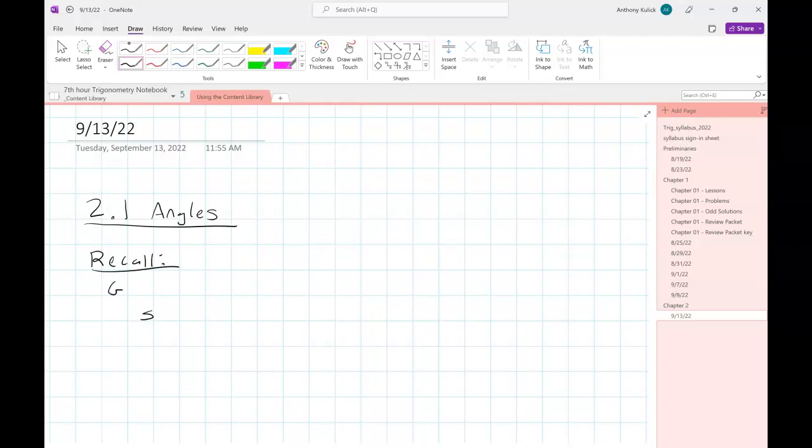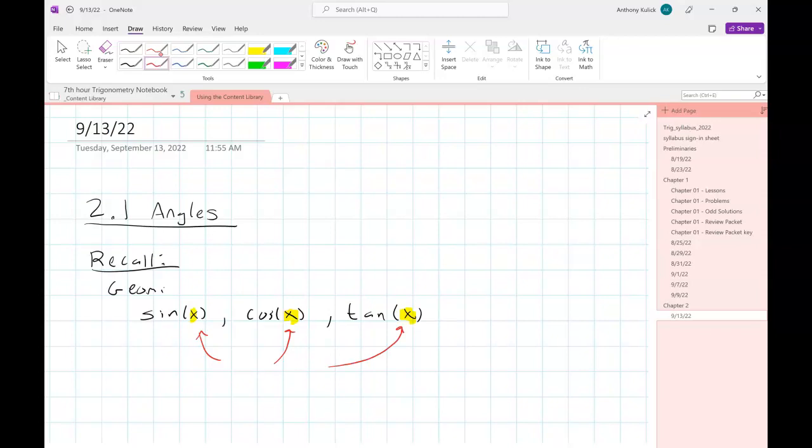So in geometry, you guys talked about the sine, cosine, and tangent operations. You can take sine, cosine, and tangent of what kind of number? What kind of number can we plug into sine, cosine, and tangent? So it has to be an angle measure.